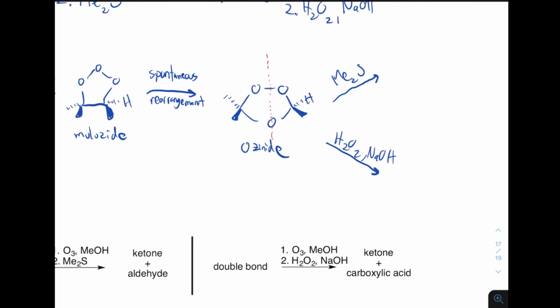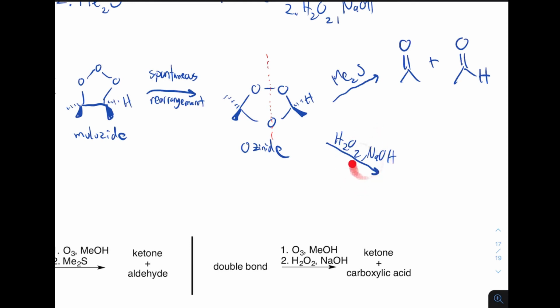If you use the dimethyl sulfide, you end up forming a ketone and the resulting aldehyde. You see that? We split it down the middle. The ketone is here on the left, with this oxygen here, and the aldehyde is here on the right, with the hydrogen and the methyl group here.